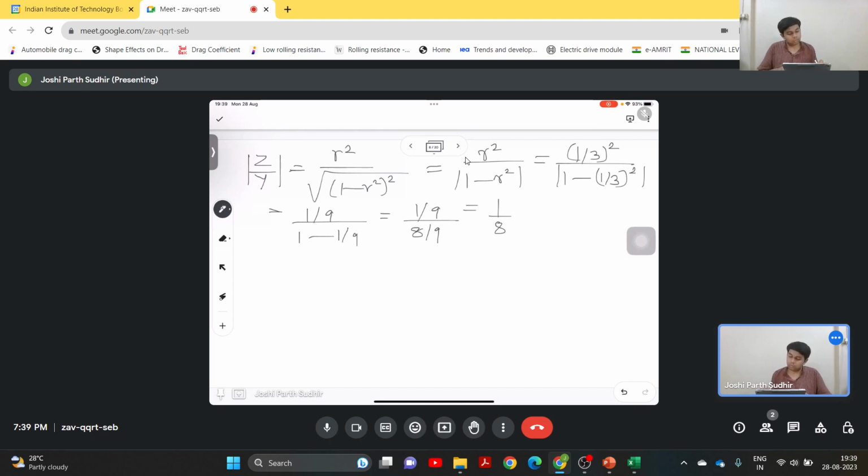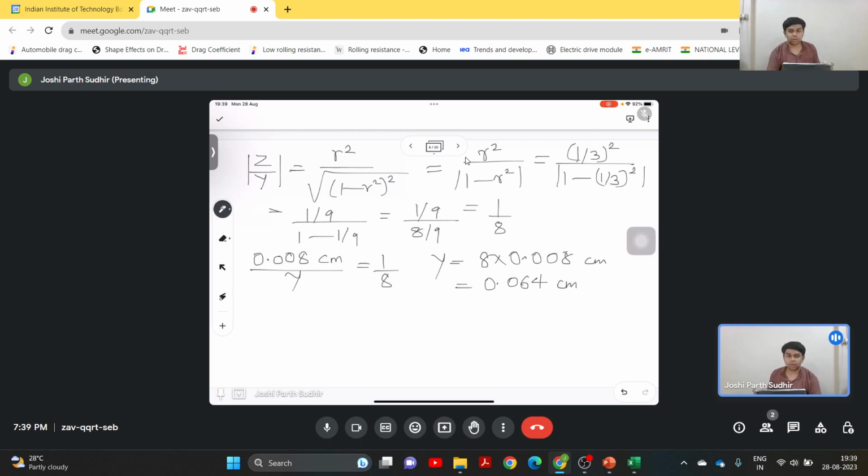So Z we have been given as 0.008 centimeter, divided by 1 upon 8. So Y is equal to 8 into 0.008 centimeter, which is 0.064 centimeter.